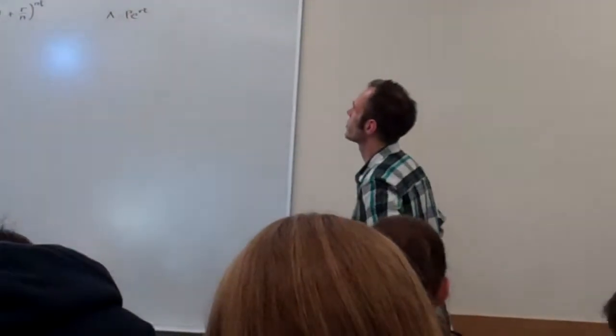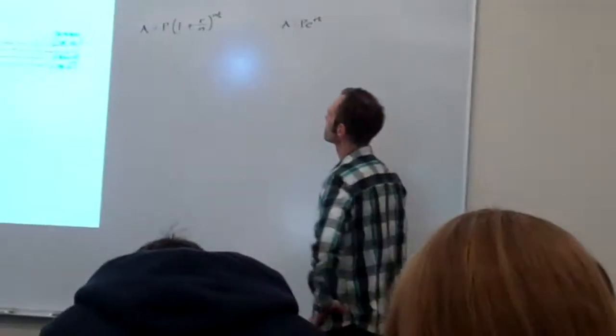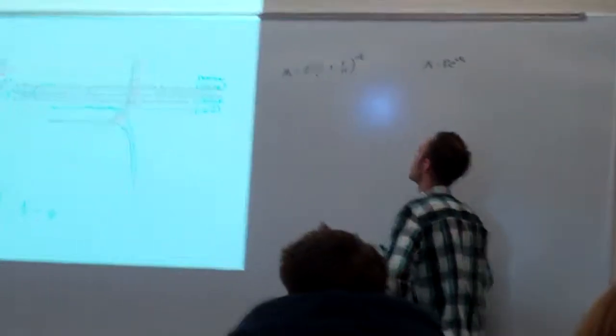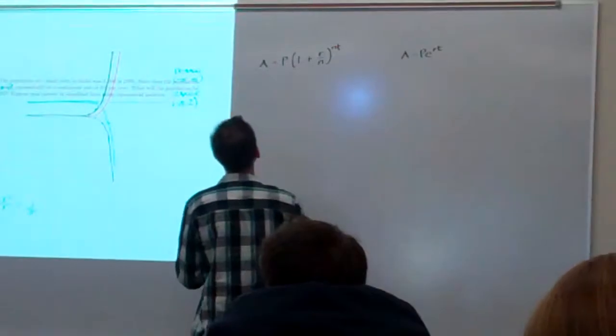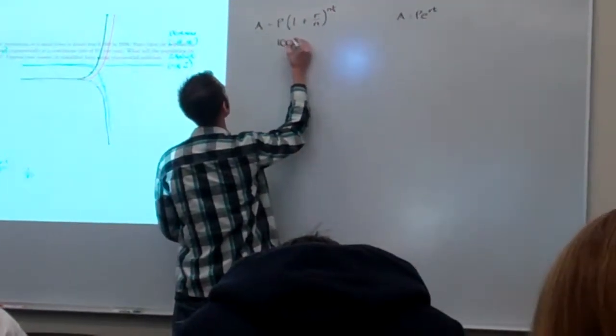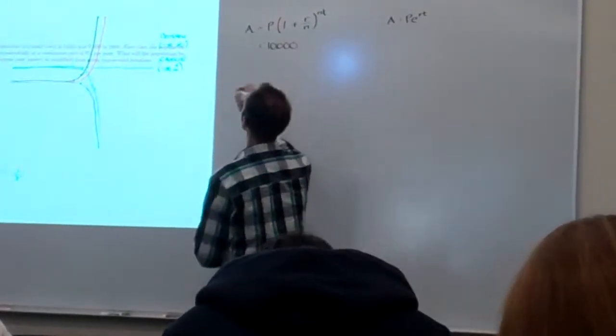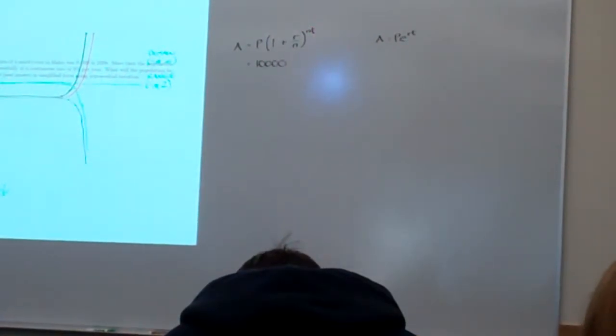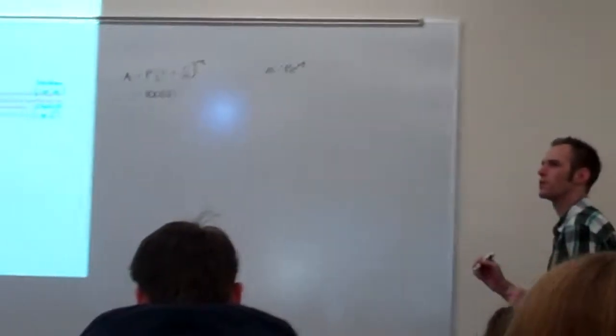Now it says we're starting with $10,000. Which letter represents what we're starting with? P. So 10,000 goes here. And we're growing to $18,000. Where does the 18,000 go?